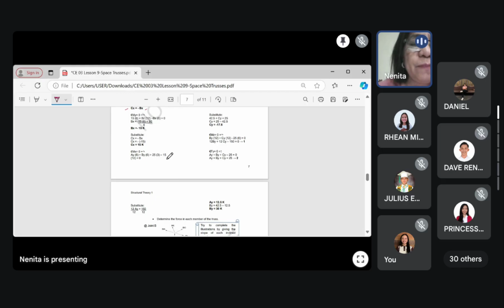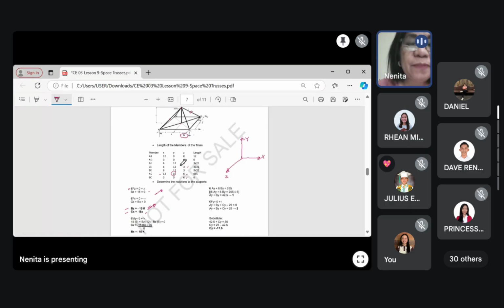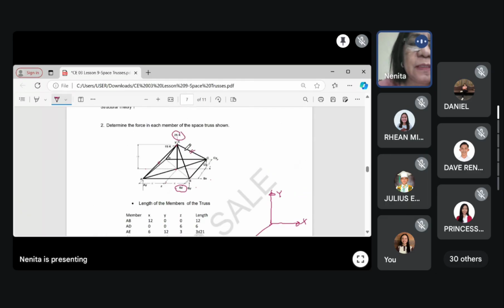25 by 3 minus 15. Ang 15 natin, this is along the x. Ang ating 15, take note. Since it is along the x, wala siyang perpendicular distance. Okay. Ang ating z, yeah, along the x.